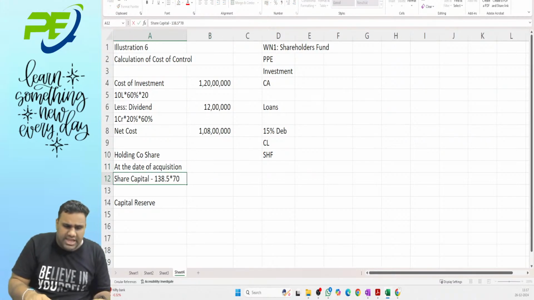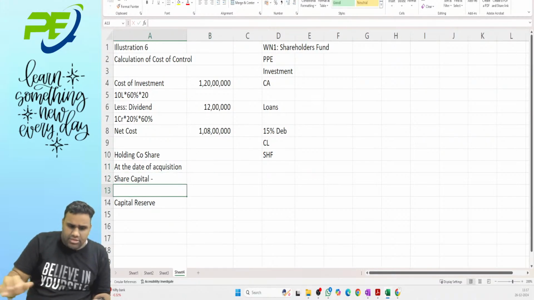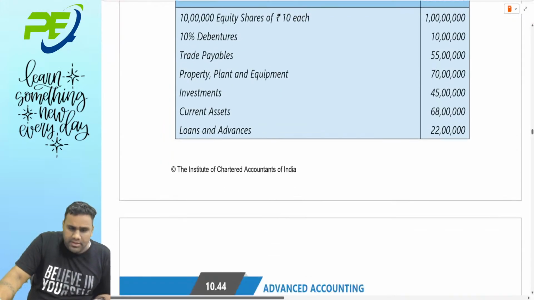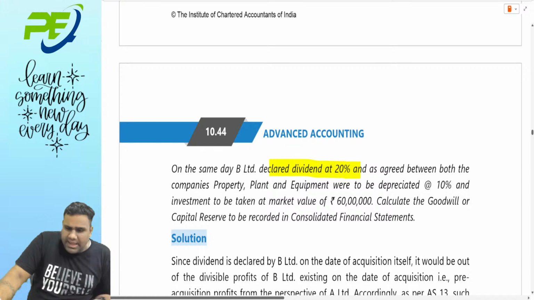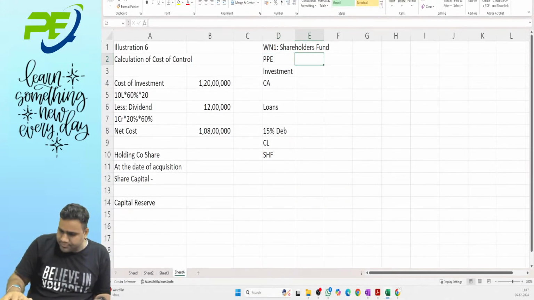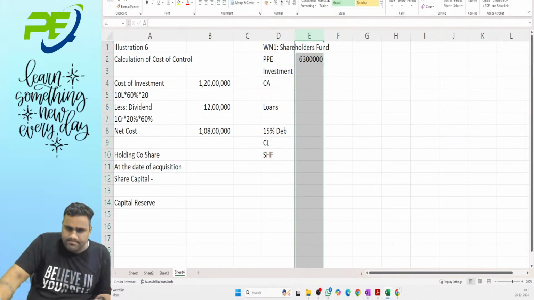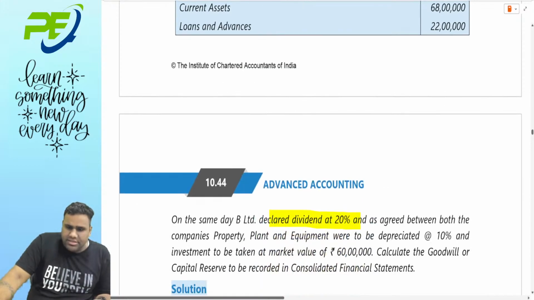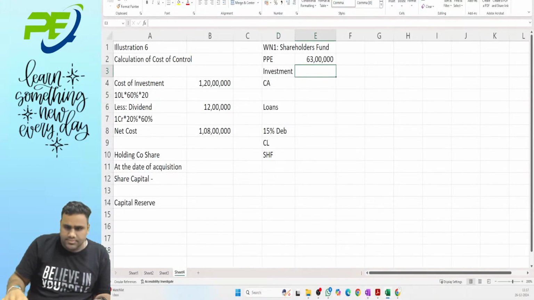Now holding company share at the date of acquisition. First I have to calculate shareholders fund. Your PPE is depreciated at 10%. It is 70 lakh in the balance sheet. Depreciate 10%, 63 lakhs. Then investments, market value of 60 lakhs.